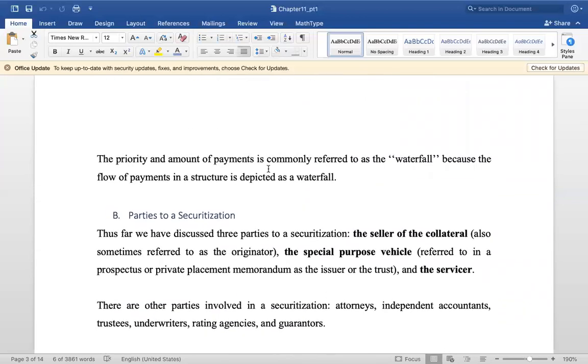The priority and amount is commonly referred to as the waterfall. We will come to this, but it is referred to as a waterfall because as the water comes, it should be redistributed towards the various different usages.